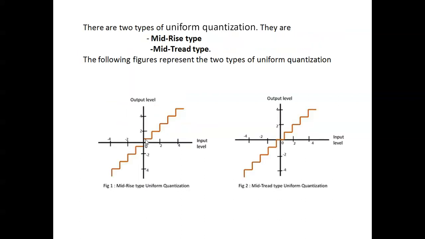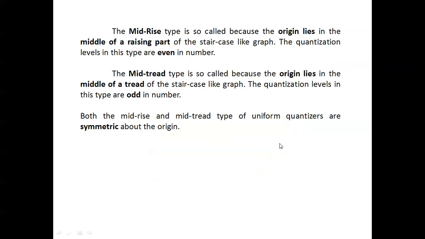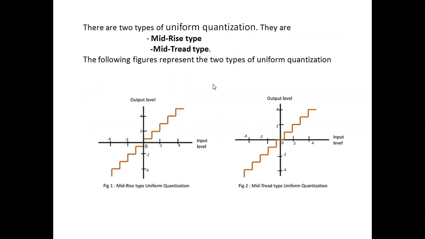If the origin lies in the middle of the tread, it looks like a staircase graph. Here the origin lies on the tread, and this one is the rising part.